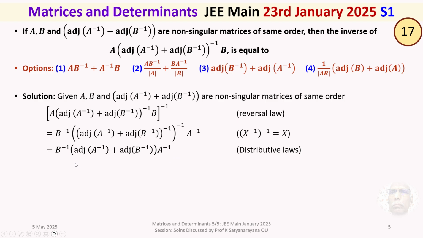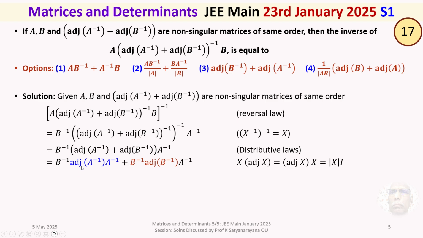Now use the distributive laws. If you use the distributive laws, B inverse adjoint of A inverse into A inverse plus B inverse into adjoint of B inverse into A inverse. Right.